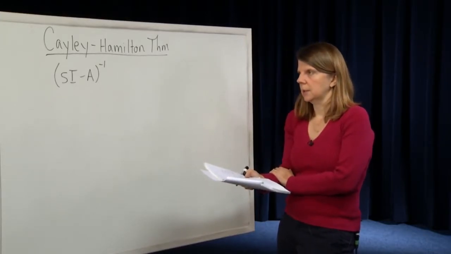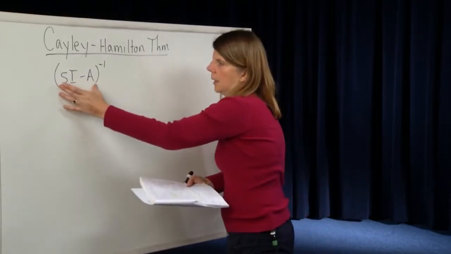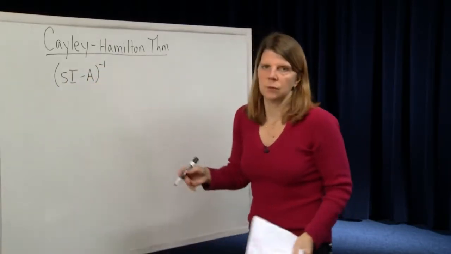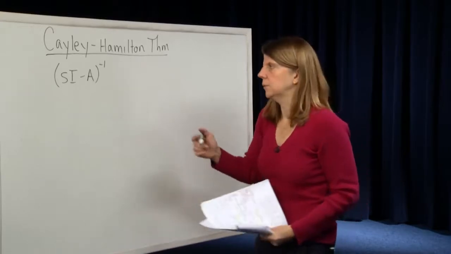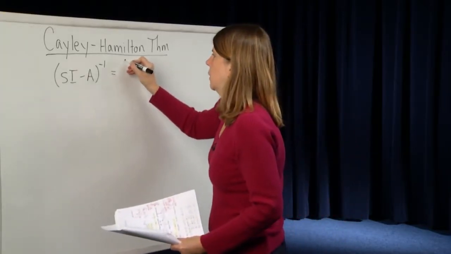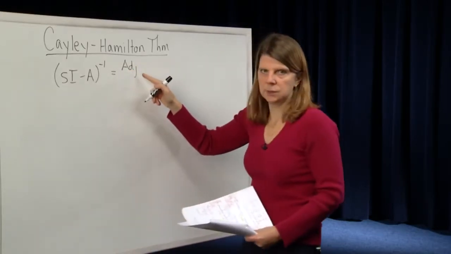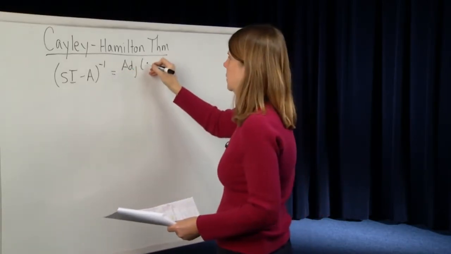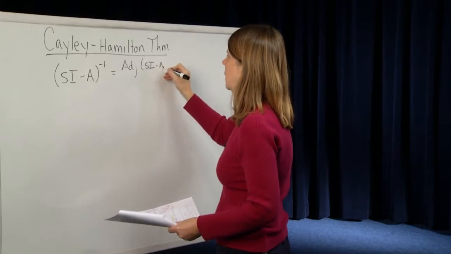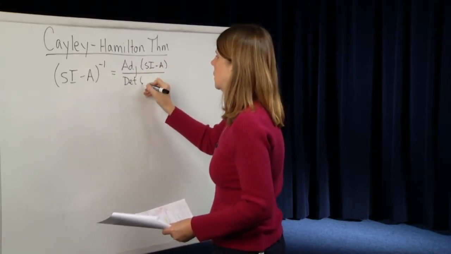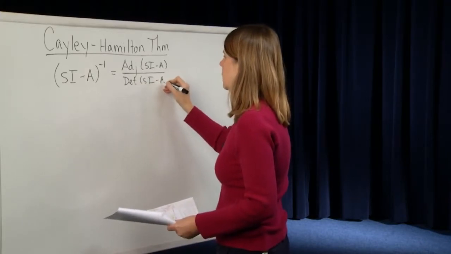So (sI minus A) inverse is an n by n matrix, and we're taking its inverse. We know that in general the formula for the inverse of a matrix is the adjugate, not the adjoint, but the adjugate of the matrix sI minus A, over the determinant of sI minus A.